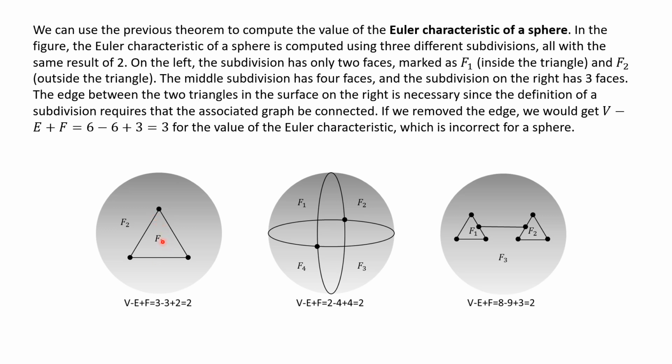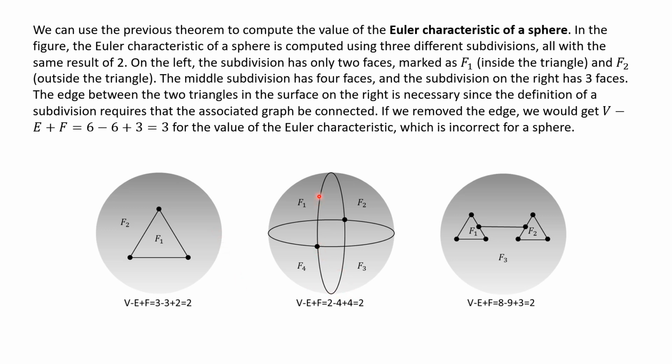So you have two faces, the interior of the triangle, and then the exterior, basically the rest of the sphere. So F equals 2. Then the number of edges is 1, 2, 3, and the number of vertices is 3. So the sum here comes to 2. And in fact, that is the Euler characteristic of a sphere.